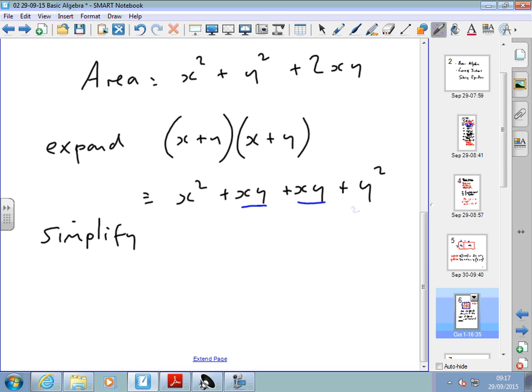However, there's two lots of xy, so xy plus xy, 2xy, two lots of xy. One lot of xy plus another lot of xy, two lots of xy. So this is equivalent to x squared plus 2xy plus y squared. And we've done it. We've shown that that is equivalent to that.